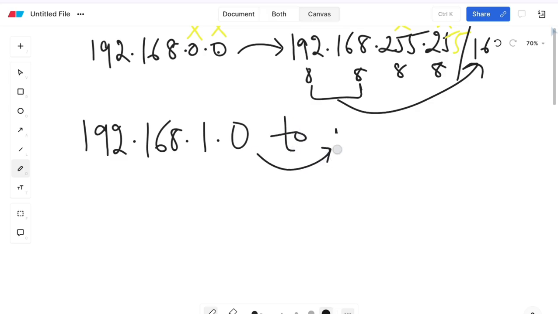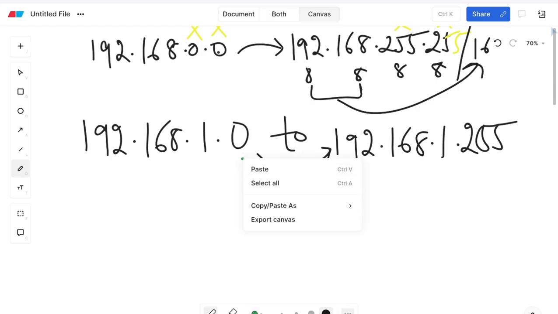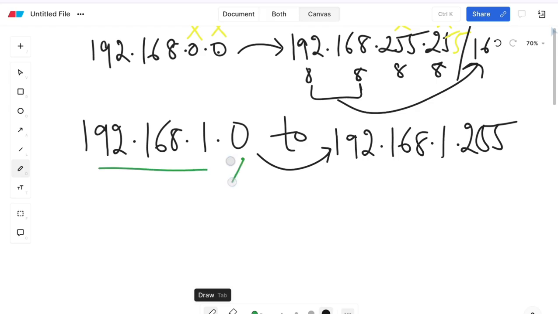What we want to do is 192.168.1 dot, since it is from 0 it can go to 255, correct? So this time, this is a fixed number, this is x, and this is 0 to 255. So in this case, how many are fixed? 8, 8, 8 are fixed, so it is 24, right? Only one is varying here.